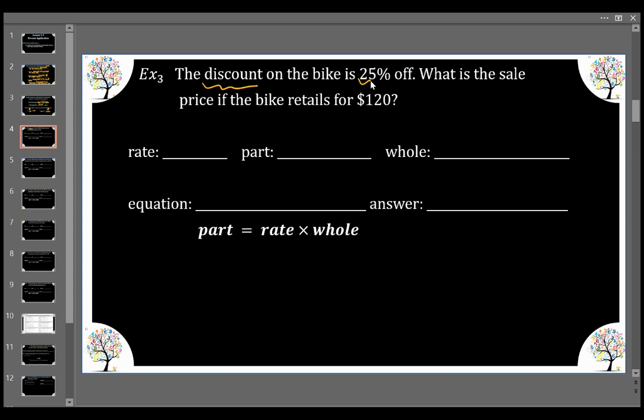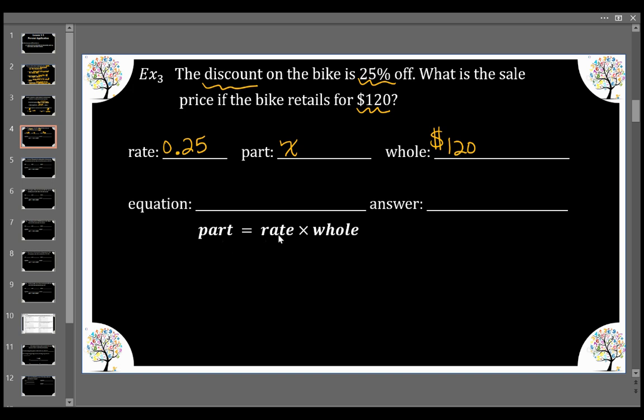So we have the rate and we have the original whole amount. So our rate is going to be converted to 0.25. We're going to be looking for the part, which is the amount that's going to be discounted. And the original whole price is $120.